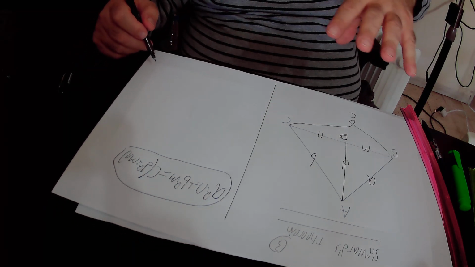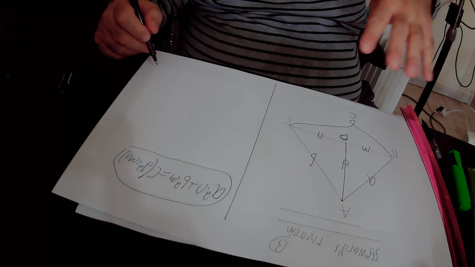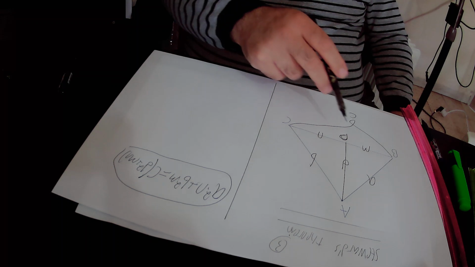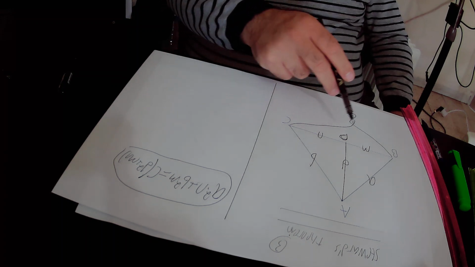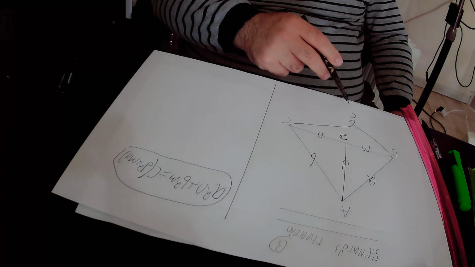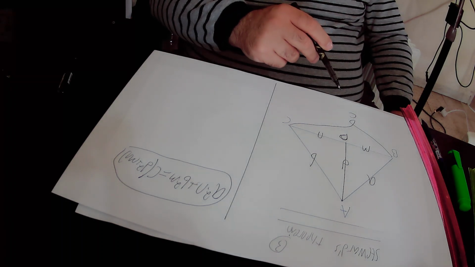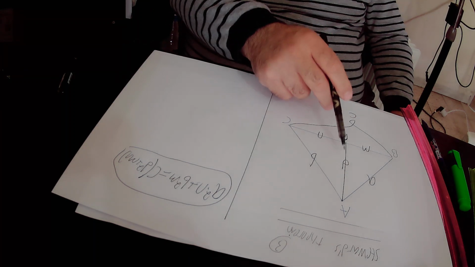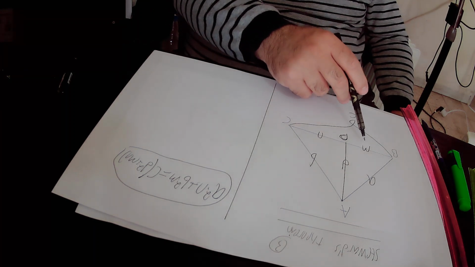According to Stewart's theorem, that is true in any triangle, A squared times N plus B squared times M equals C, and inside the brackets we have D squared plus M times N.